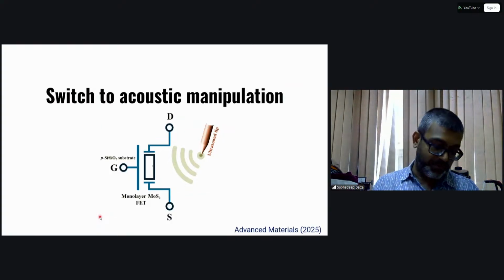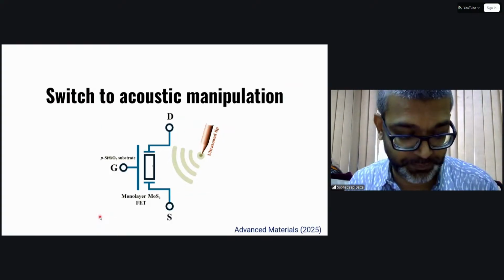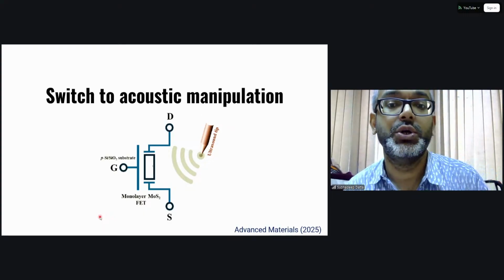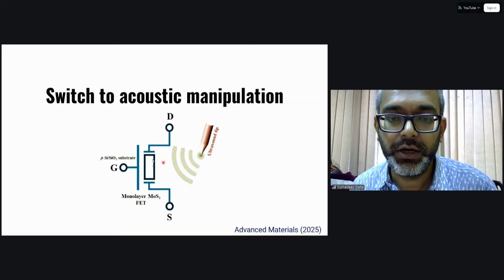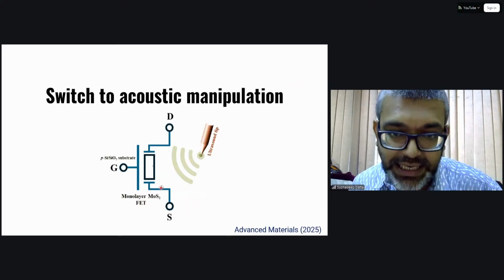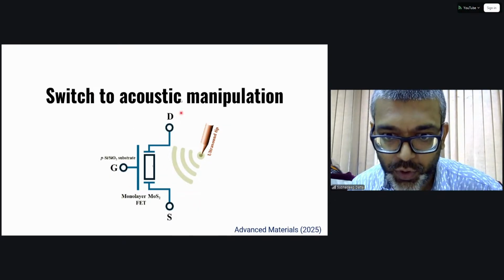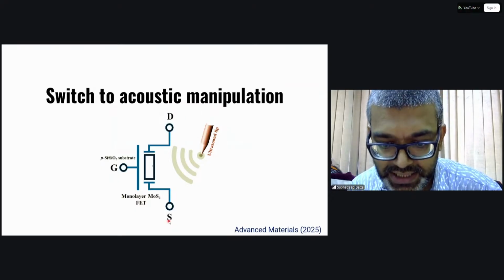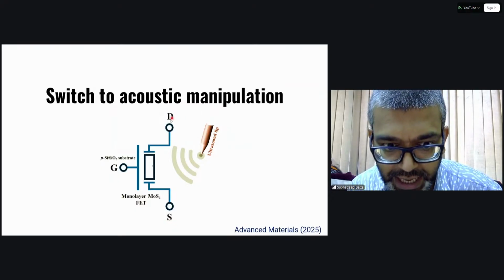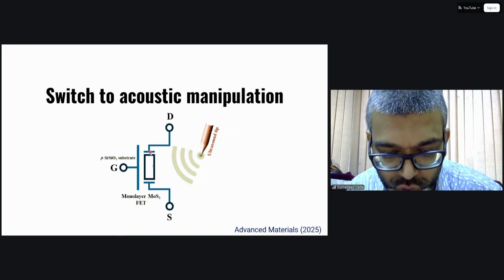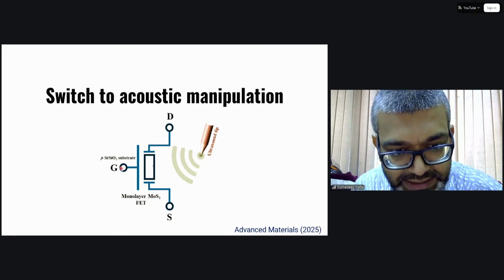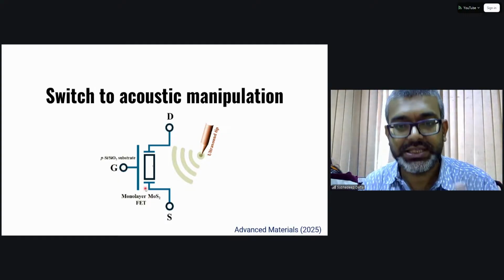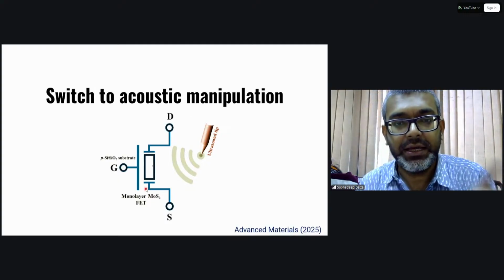Now coming to the main work of this project, which is acoustic manipulation. From this figure, as you can see very easily, this is a FET. Why is it a FET? Because there is a source and a drain, and then there is a channel through which charge carriers are flowing, and then there is a gate, which is like a dielectric and a conductor.